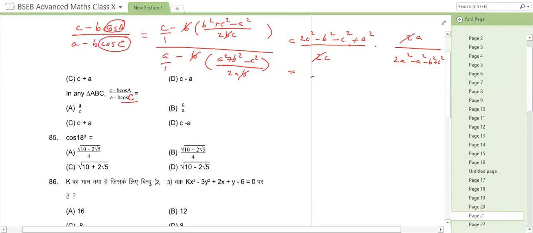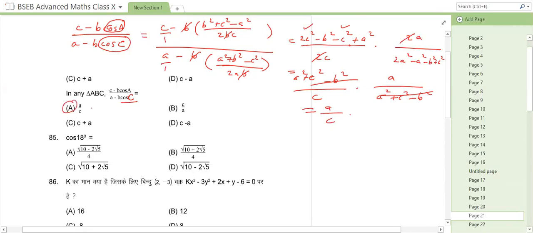On the top we have like terms, c² − b², so a² + c² − b² over c times a over a² plus c² minus b². This and this cancel out, and we have the answer as a over c. So it should be this one, a over c.